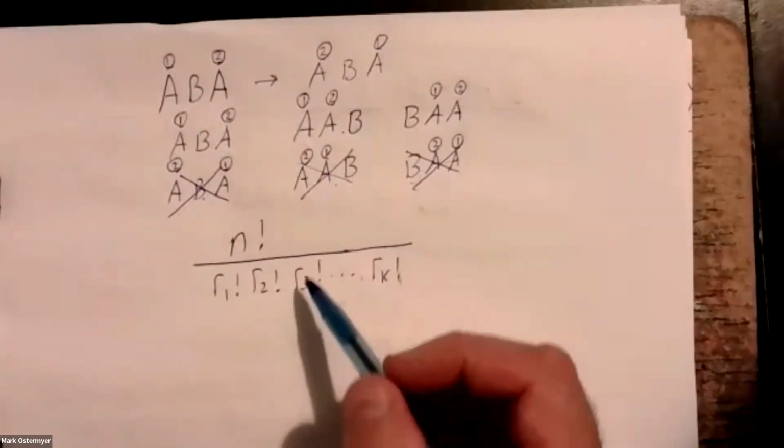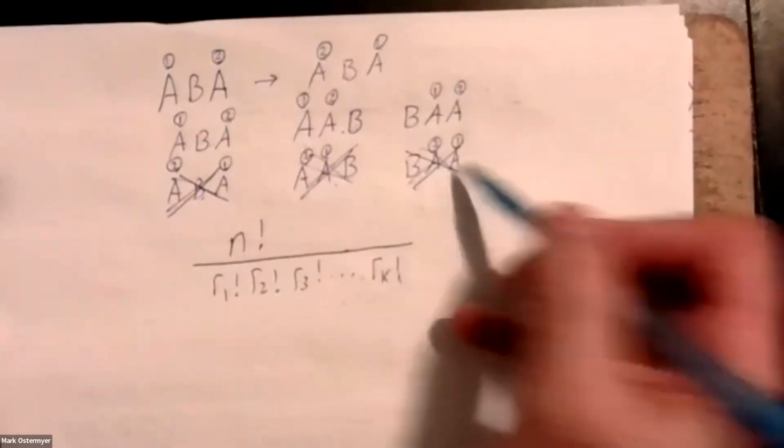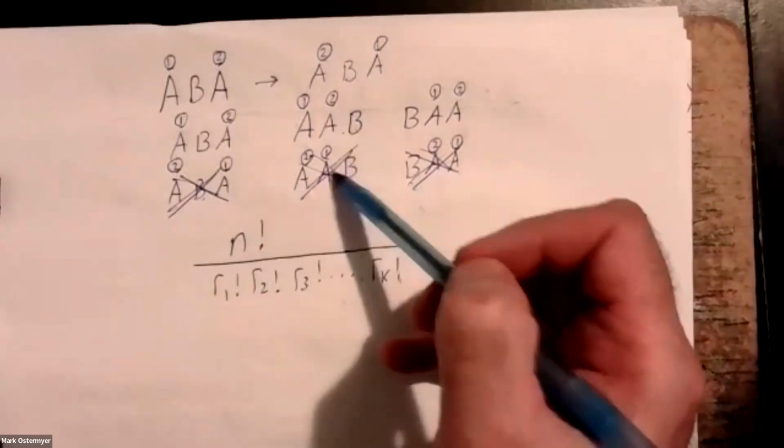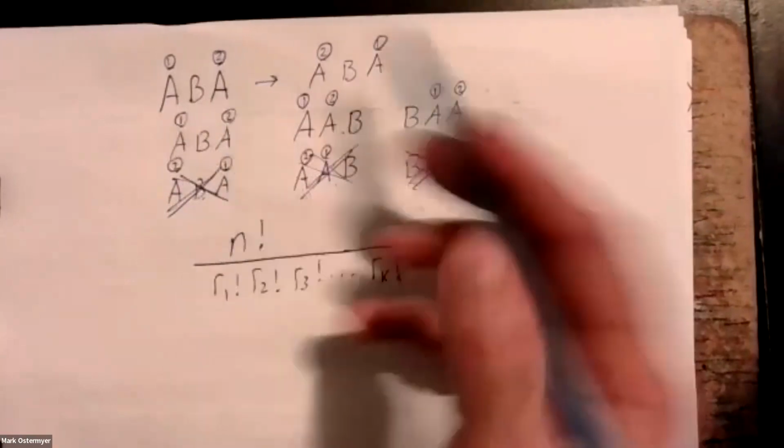In other words, we have to divide out the repeats, or cancel out the repeats here, because we don't want to double count, since these words are the same word. All right. So how many letters do I have here? I have 3 letters, correct?